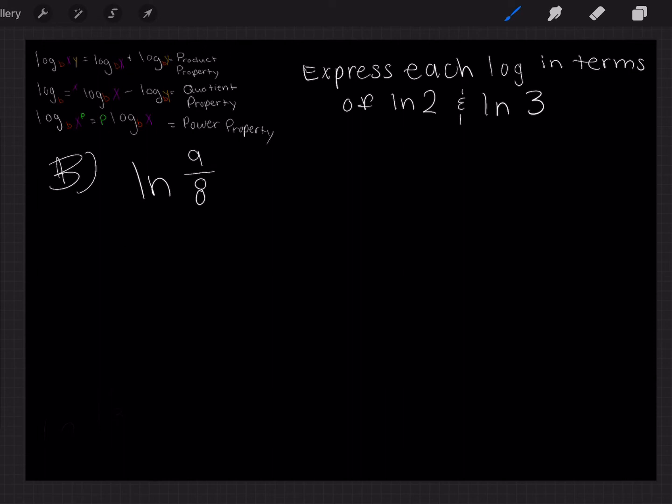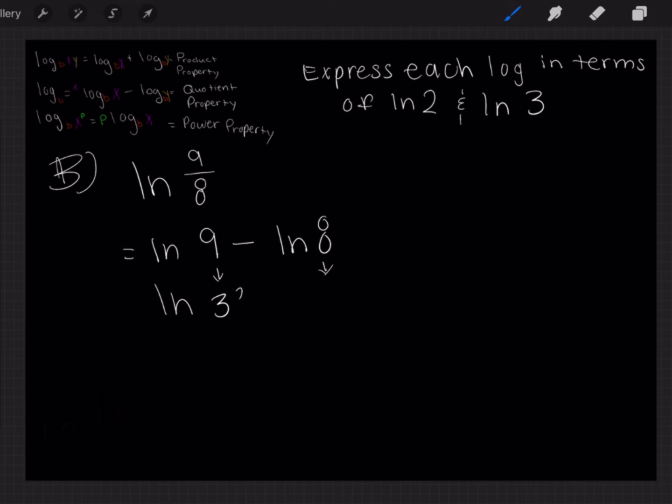Now, when you look up at our quotient property, so ln of 9 divided by 8, our first one is ln of 9 minus ln of 8. Let's just put the quotient property in first before we even begin to express each log in terms of ln of 2 and ln of 3. So we know that 9 is 3 squared, and we know that 8 is 2 cubed.